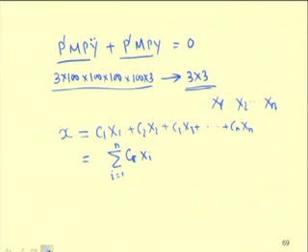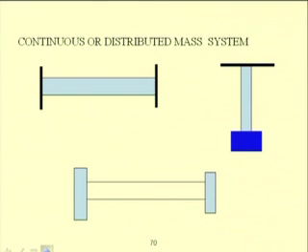Now we can consider the continuous system. In the case of a continuous or distributed mass system, unlike the discrete system we have studied before, one can have an infinite number of natural frequencies.